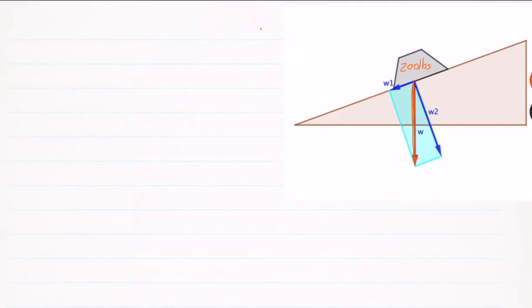So this weight vector is going straight down, but there's two other vectors that are kind of important. I have this W1 here, the amount of weight trying to go down the ramp. And then I have this W2 over here, the amount of weight that is being applied directly to the ramp. And it gets split into these two orthogonal vectors.